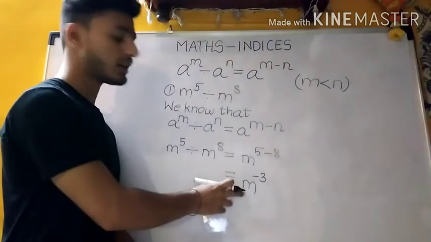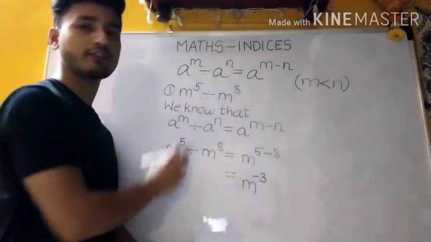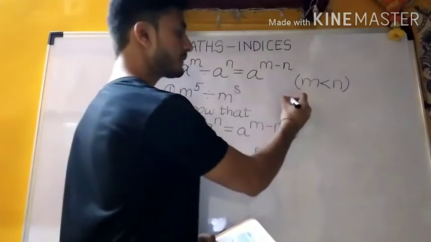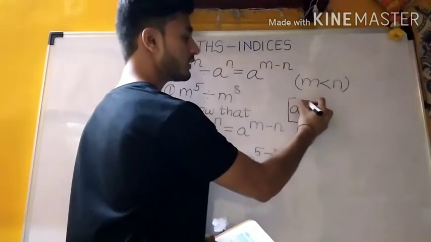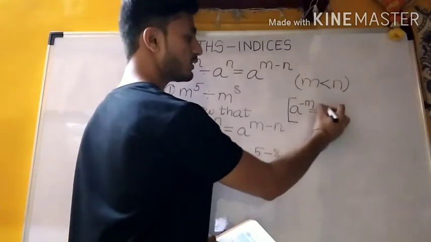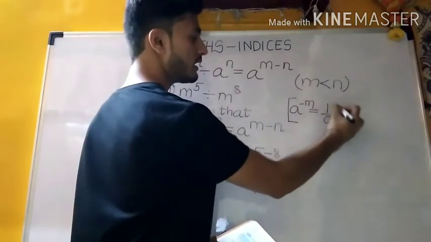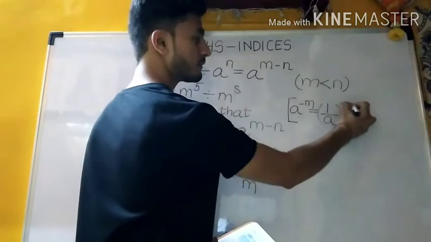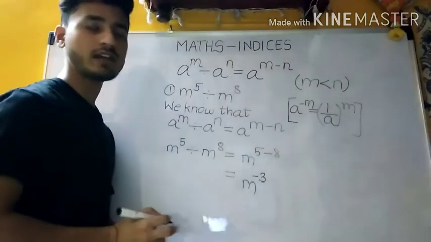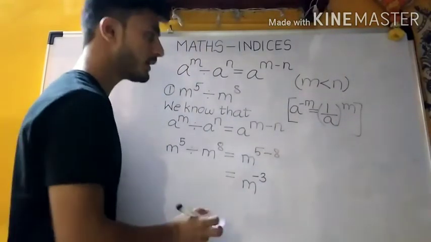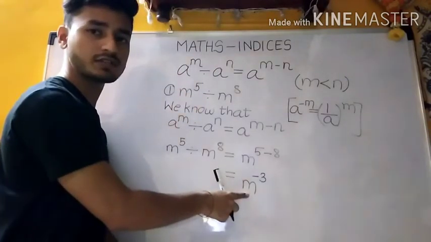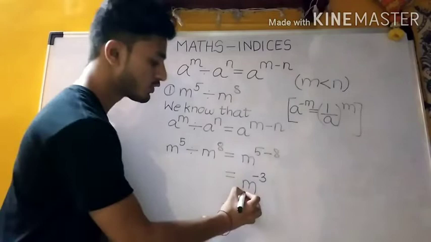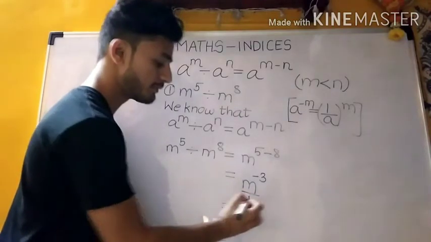So there we are going to use our additional formula. And what was the formula? The formula was a raised to the power minus m is equal to 1 upon a raised to the power m. This formula we are going to use here. Even though this question does not have a denominator, we are going to assume that it will be 1.